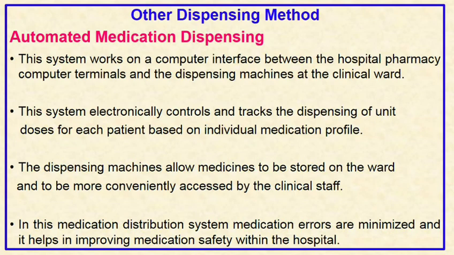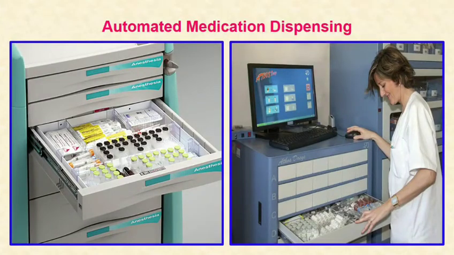The dispensing machines allow medicines to be stored on the ward and to be more conveniently accessed by the clinical staff. In this medication distribution system, medication errors are minimized and it helps in improving medication safety within the hospital. These are some images for automated medication dispensing.